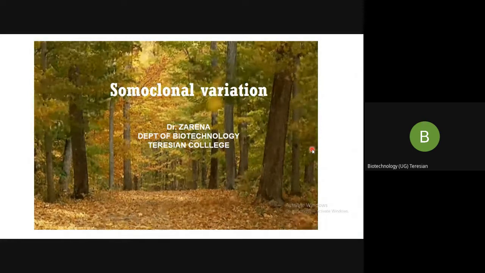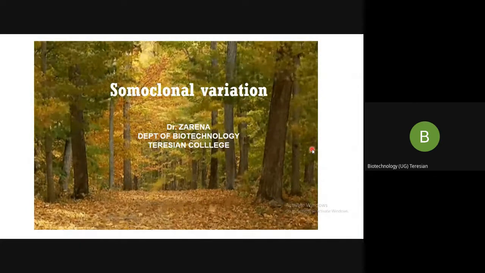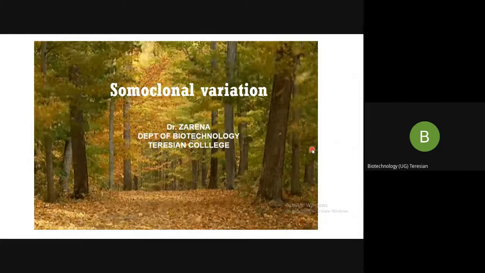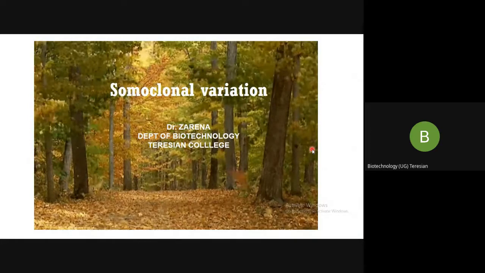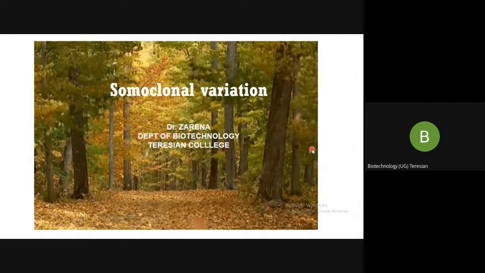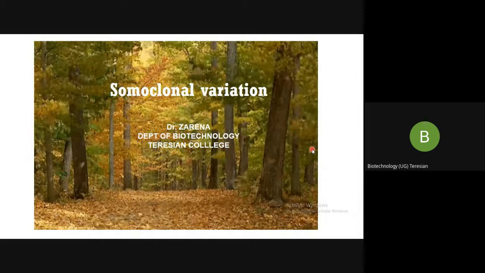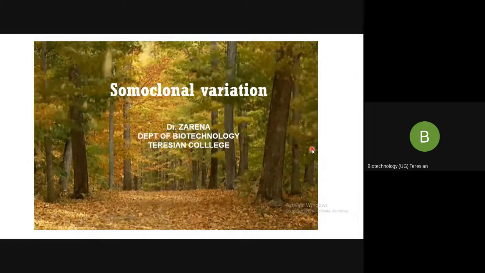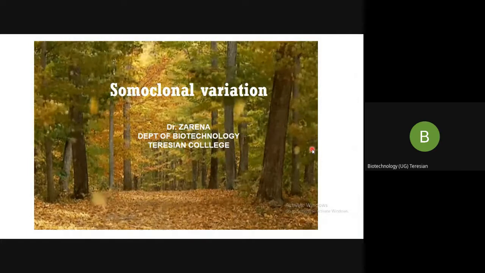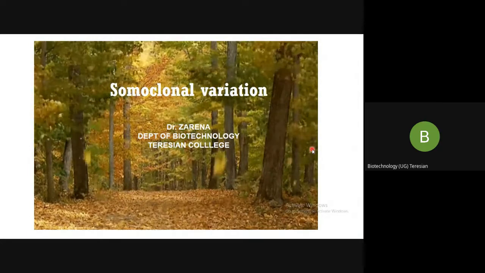We have been dealing with somaclonal variation and this will be the continuation of our next class on somaclonal variation. Just a quick recap. Somaclonal variation is defined as a genetic variation observed among progeny of plants regenerated from somatic cells that are cultured in vitro.